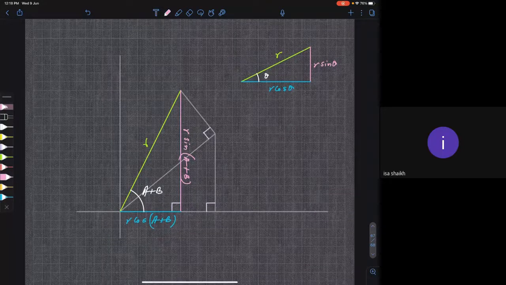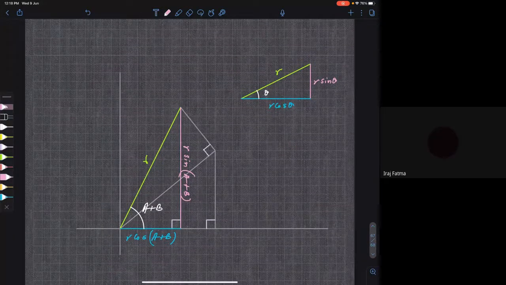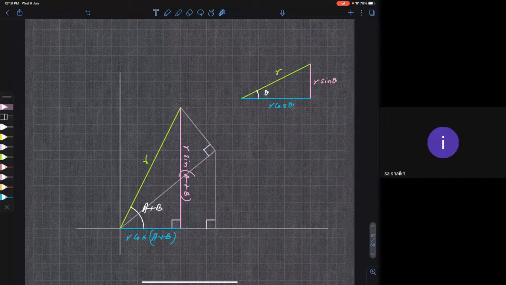Now the problem we have is that the blue line is R cos(A+B). This is a right angle triangle.